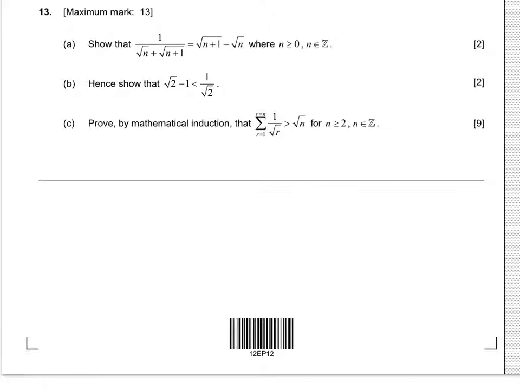Okay, let's have a look at the meat of the question. Prove by mathematical induction that the sum of 1 over root r is greater than root n for n greater than or equal to 2.